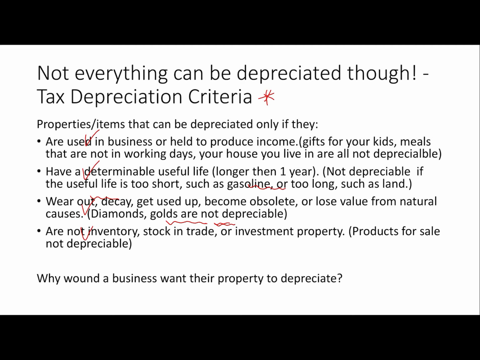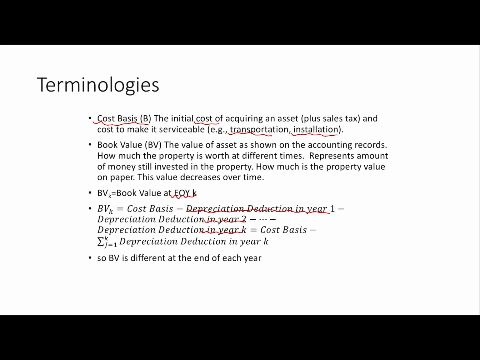You need to know not everything can be depreciated, and there are 4 criteria to follow, and this is very important. So for a given property, I want you to correctly tell if it's depreciable or not.